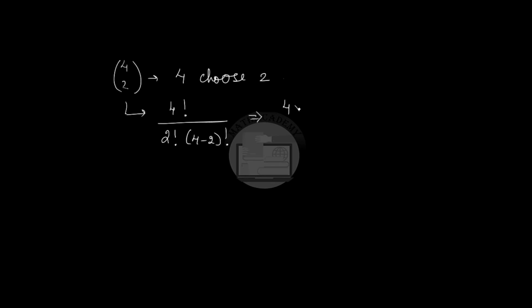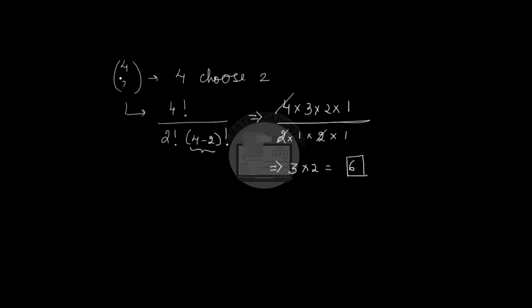Factorial 4 is 4 times 3 times 2 times 1. Factorial 2 is 2 times 1, and 4 minus 2 is again 2 factorial, which gives you 2 times 1. So 2 times 2 makes a 4 and gets cancelled out, and we are left with 3 times 2, which is nothing but 6. So there are 6 possible combinations of 2 objects chosen from the available 4 objects.